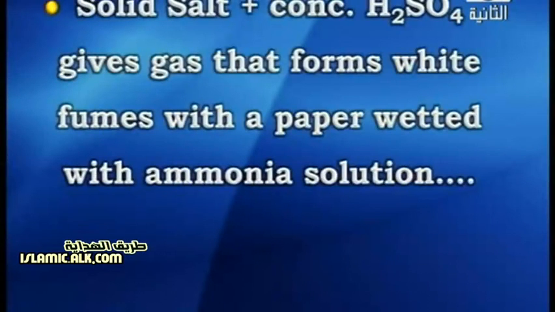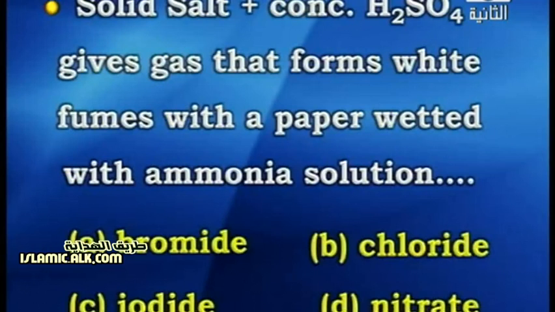Next question, solid salt plus concentrated sulfuric acid gives a gas that forms white fumes with paper wetted with ammonia solution. Is it bromide salt, chloride salt, iodide salt, or nitrate salt? Yes, it will be chloride salt.